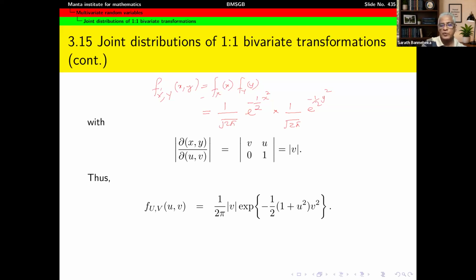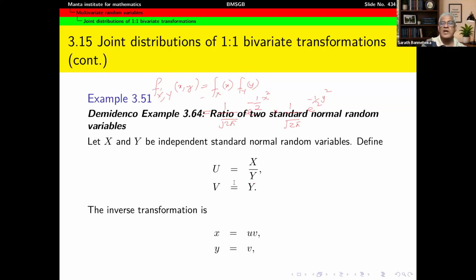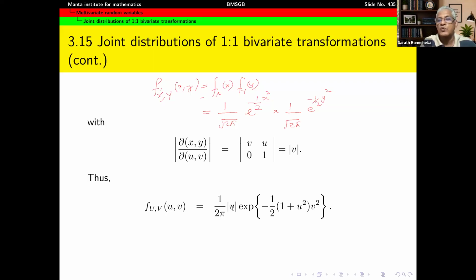Why is the absolute value of v important here? Because v is equal to y, where y is standard normal, which can be positive or negative. If it is positive, of course, v will be just that value. But if v is negative, what you have to have here is the absolute value of that quantity. So that gives you the joint density of u and v, by substituting the corresponding expressions in terms of u and v for x and y.